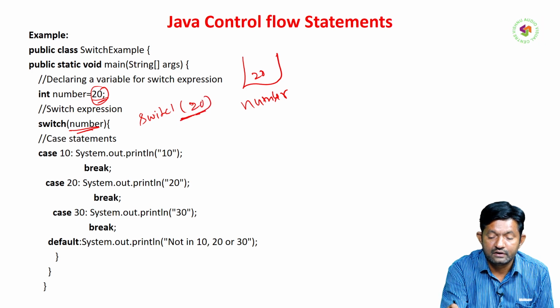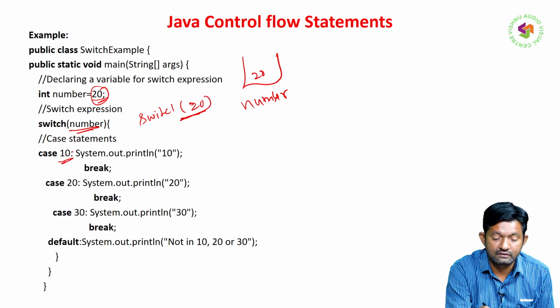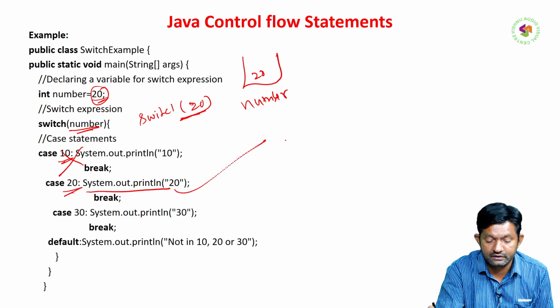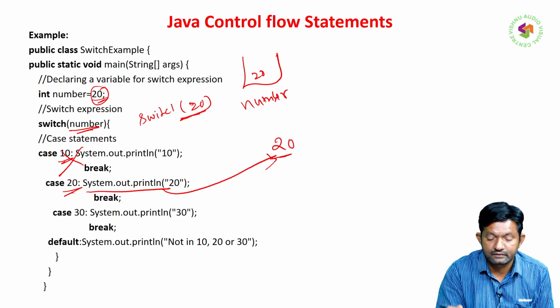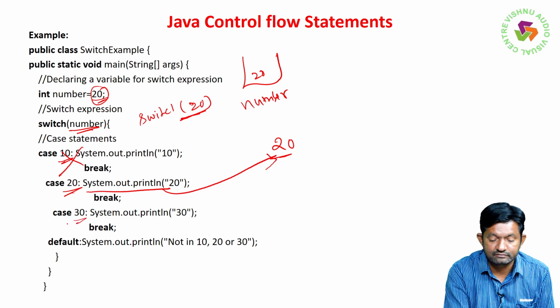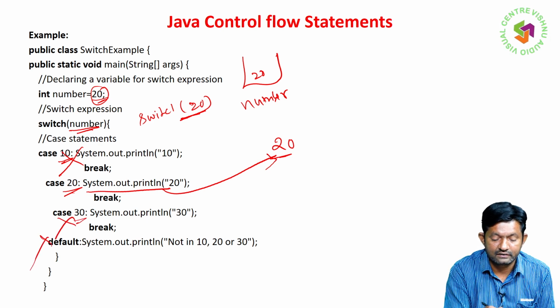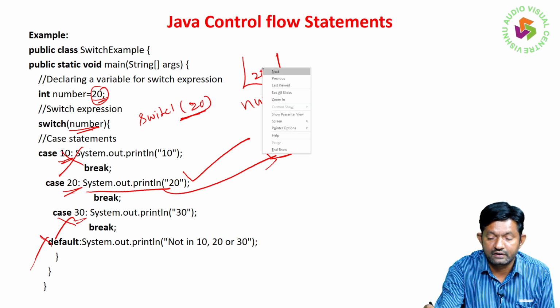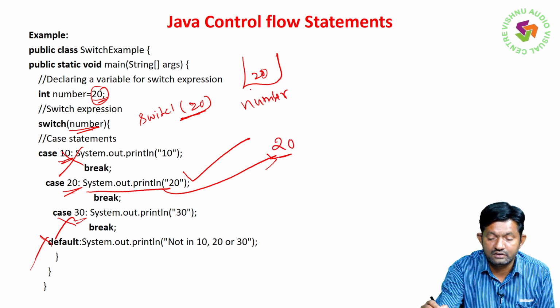Case 10 is not matched, case 20 is matching, System.out.println 20, it is printing 20. Case 30, default not required. Only the matching condition is printed in the switch case statement.